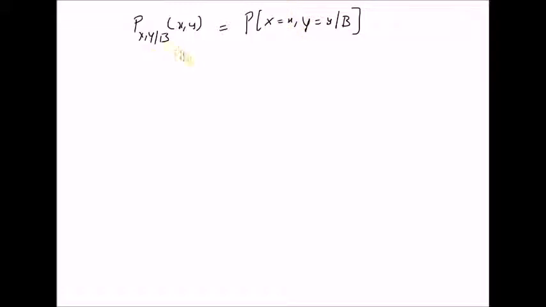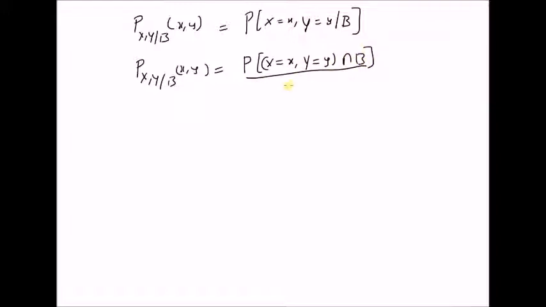So by definition, any conditional probability mass function is given by P_{X,Y|B}(x,y) equal to the probability of the joint event, that is, X equal to x, Y equal to y, intersection with this set B, divided by the probability of B. So this is the basic definition of any conditional probability function.